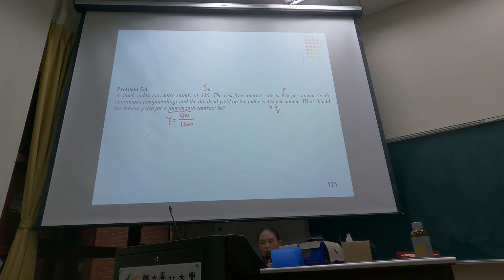Putting in the formula, F0 equals S0 times e to the power (R minus Q)T, since they are in percentage. So S0 is 350 points times e to the power of (0.08 minus 0.04) times 4 months over 12 months, so 1/3 basically. You can figure out the forward price for the index is 354.7.